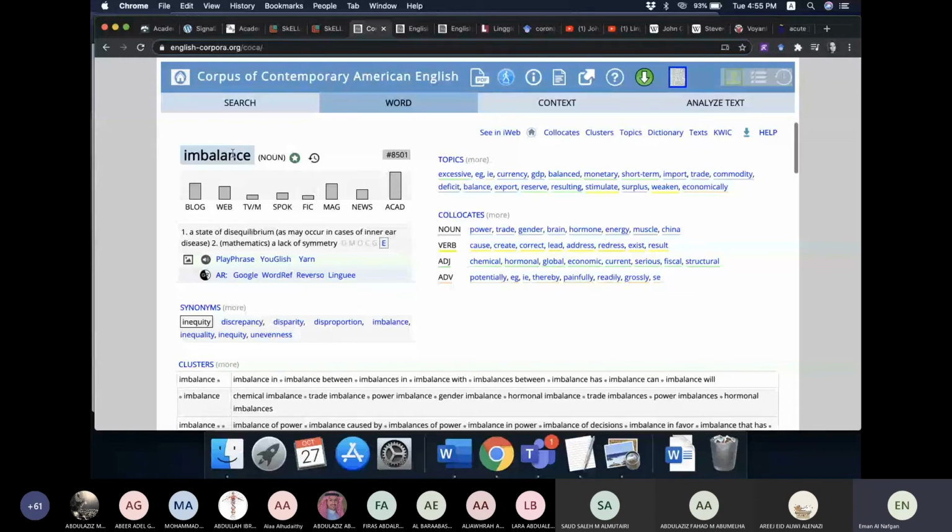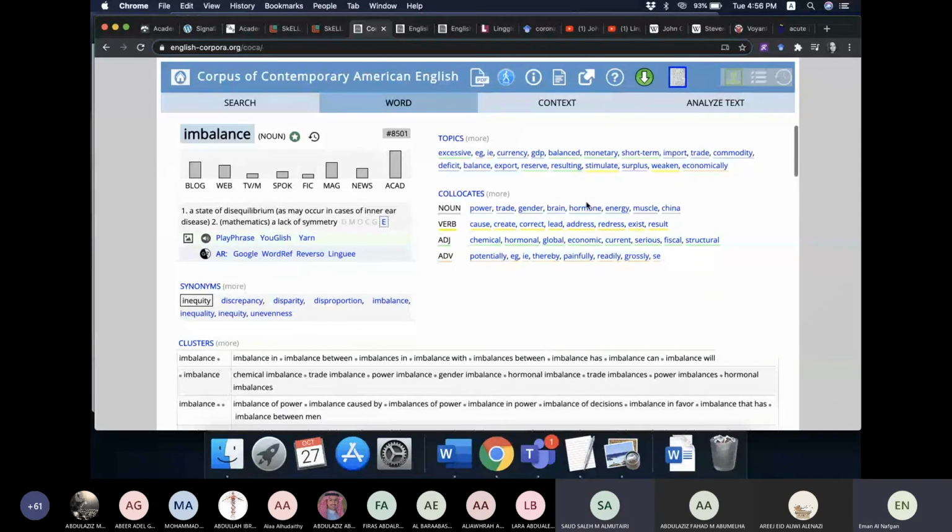You get where it occurs. This is your own writing. You don't have to go and enter each word on its own. So imbalance, you can see that it occurs in academia the most. You can see the topics where it occurs, the articles, the papers. What does it collocate with?